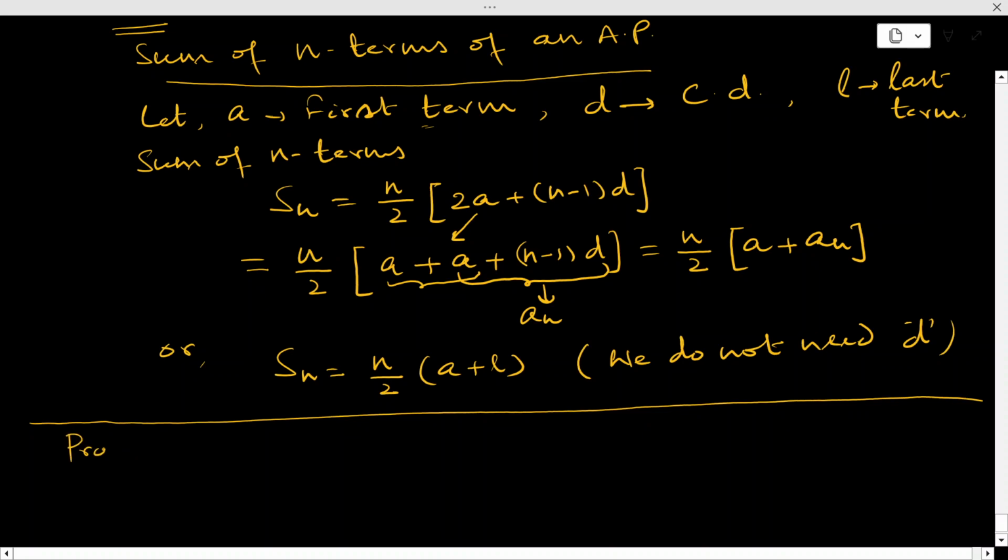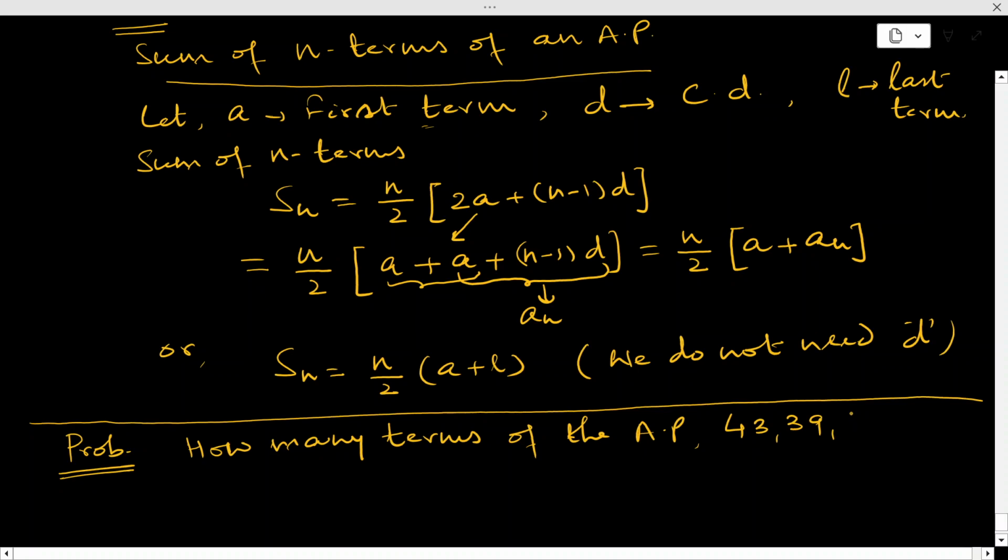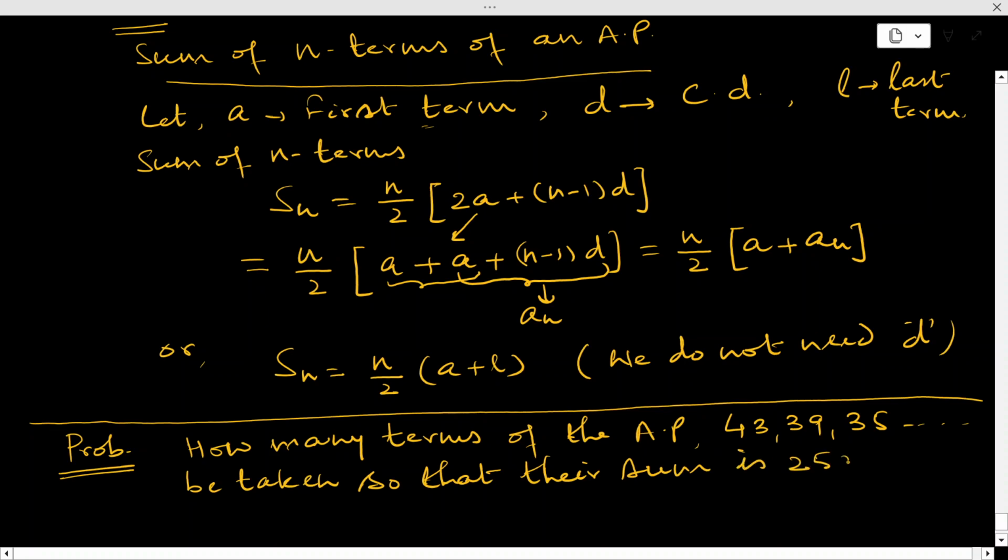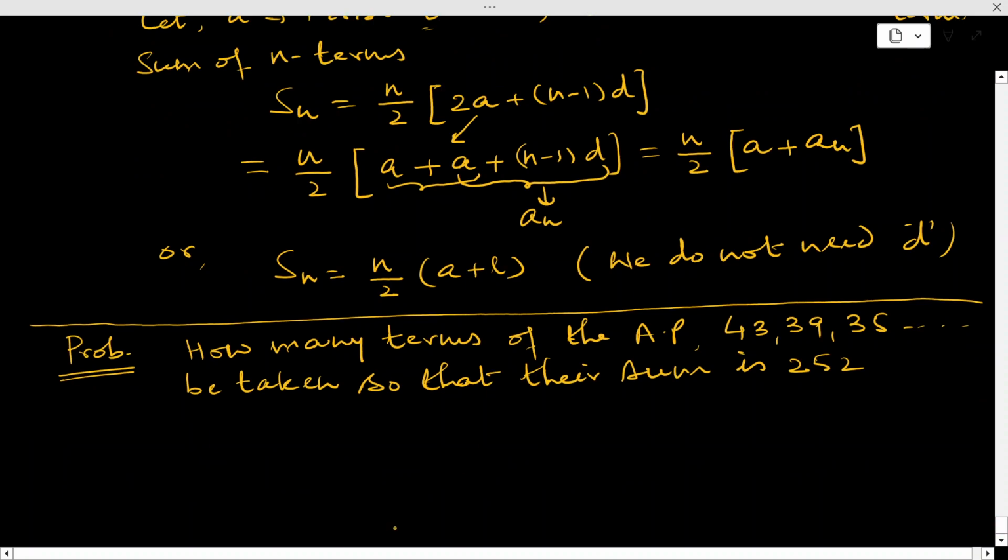The first problem is: how many terms of the AP 43, 39, 35 and so on must be taken so that their sum is 252? Okay, so this is our first problem.